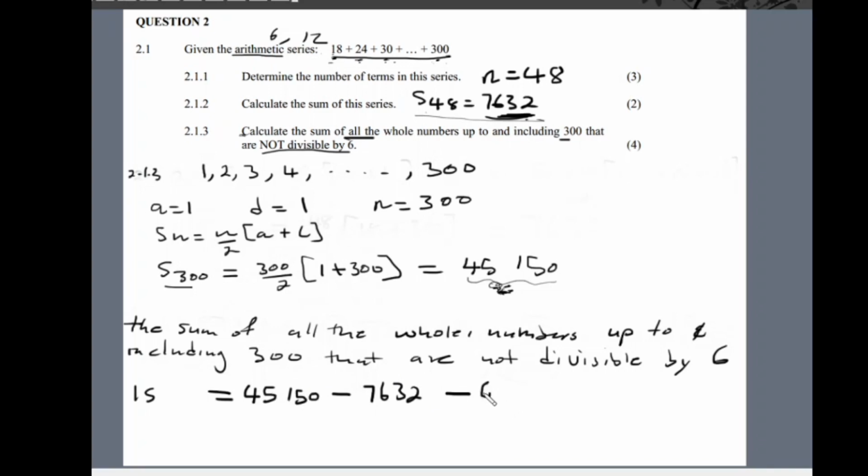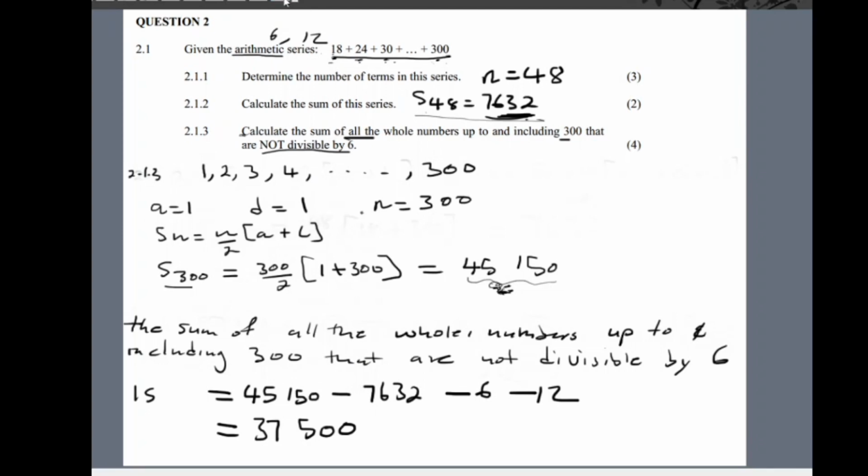So we need to subtract 6 and subtract 12 again. So the answer to this question will be 37,500, right? I'm hoping it makes sense the way I have explained it.